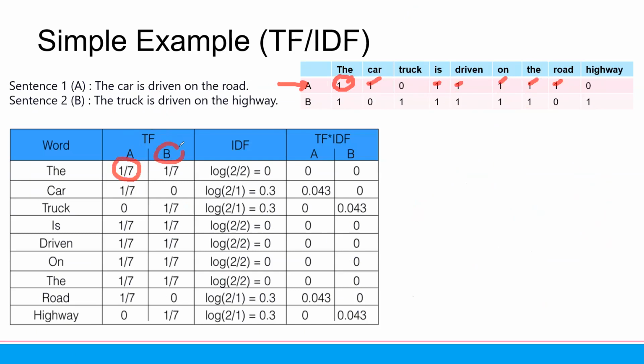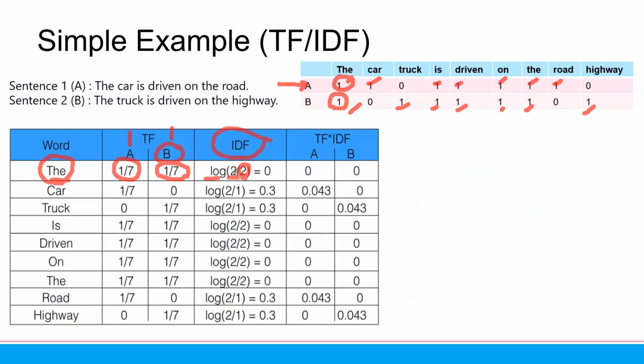What about document B? The word the is also 1, and we have 1, 2, 3, 4, 5, 6, 7. Then it is also 1 over 7. What is IDF? We have 2 documents, and in those two documents, the word the appears in A and B, so it appears two times.